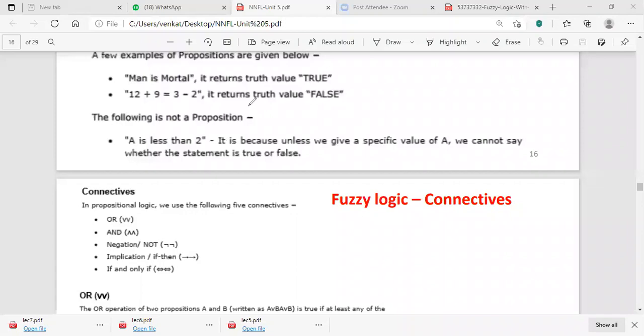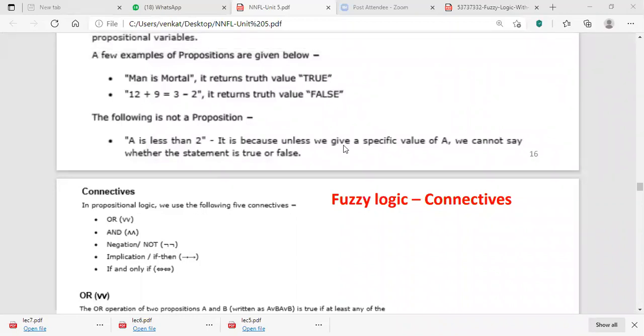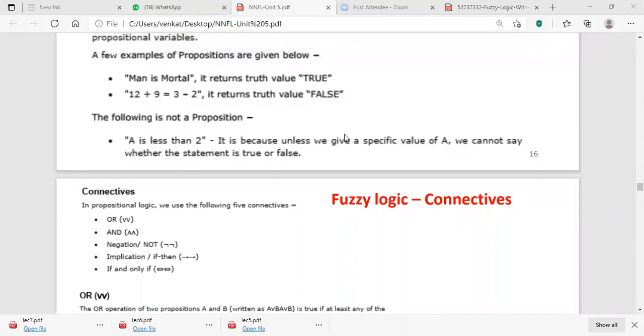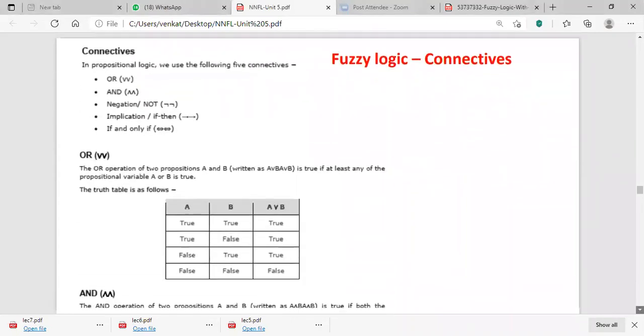Some of the connectives used in fuzzy logic, whether you use predicate logic or propositional logic: five connectives we will be learning. In propositional logic, we use five connectives. OR is usually indicated with the V symbol. AND is indicated with the inverted V symbol.